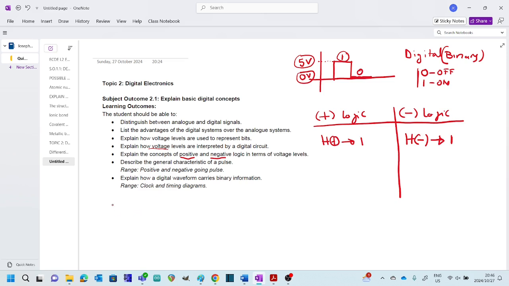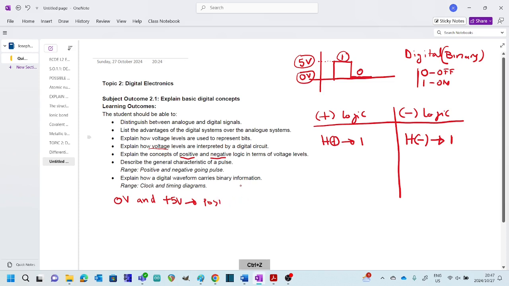Let me take an example. The examiner says we have 2 different voltage levels, 0 volt and plus 5 volt, and all of them are in the positive logic.